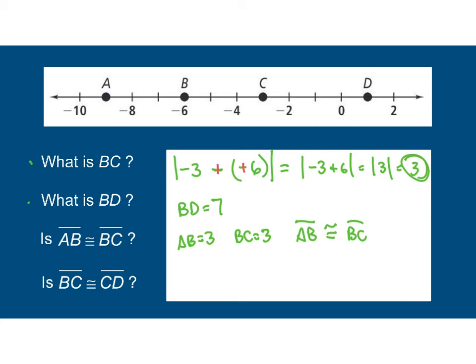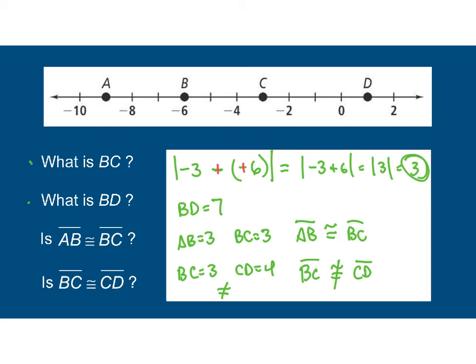Well, BC, 1, 2, 3 apart. CD, 1, 2, 3, 4 apart. Well, BC is 3, CD is 4. I know those two lengths aren't the same. So what I say is BC is, I do the congruent symbol, I put a slash through it. Not congruent to CD.